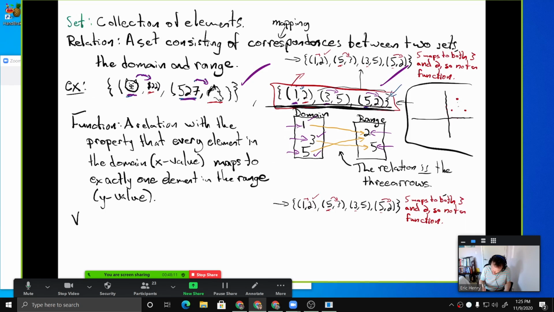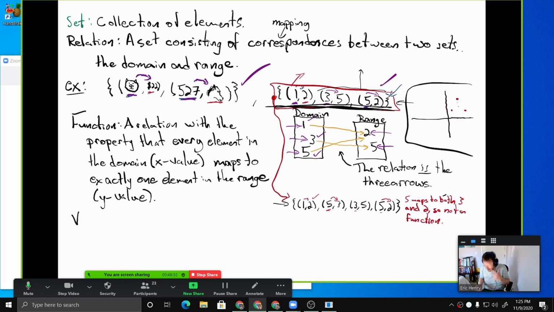There we go. And actually just erase it back up here. There we go. Okay. So now we took this example here and we modified it to make this example, which is not a function.